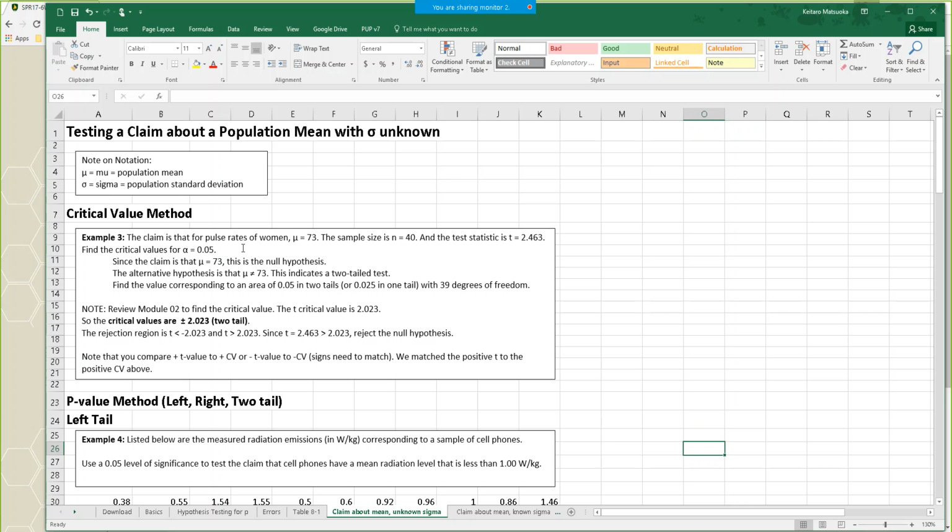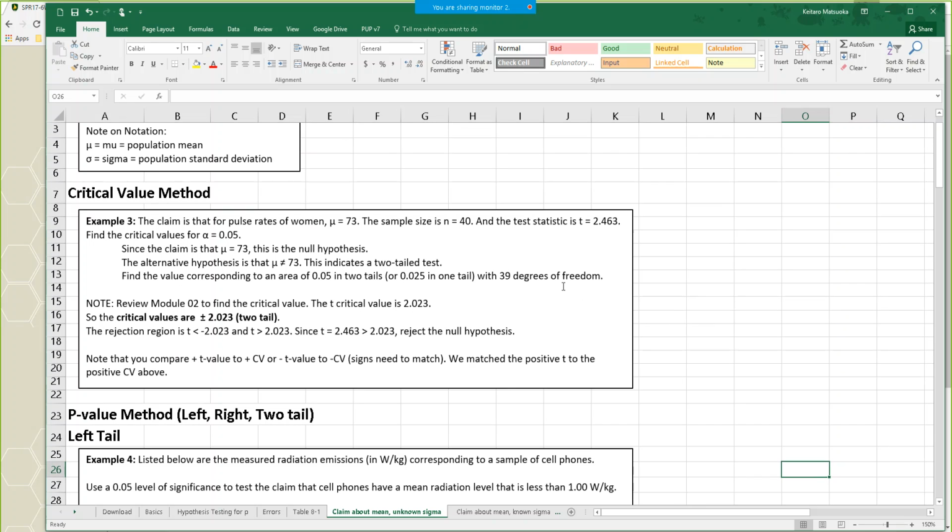So the claim, for example, is that for pulse rates of women the average is 73, so mu, the population mean, is 73. The sample size is 40, and the test statistic we calculate for you. Let's say t is 2.463. Find the critical values for alpha of 0.05.